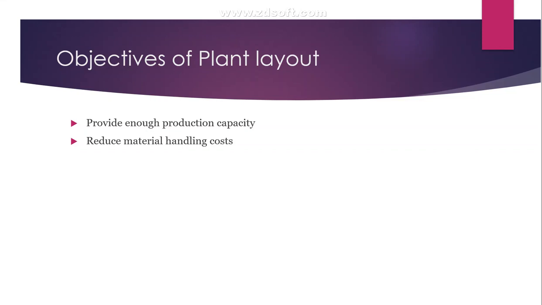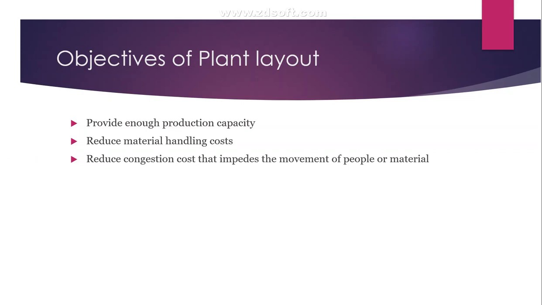During this process all the machines have to be handled, stored, and maintained. All these activities involve cost. So if we are organized in terms of plant layout, production line and production process, it helps us mitigate the material handling costs.